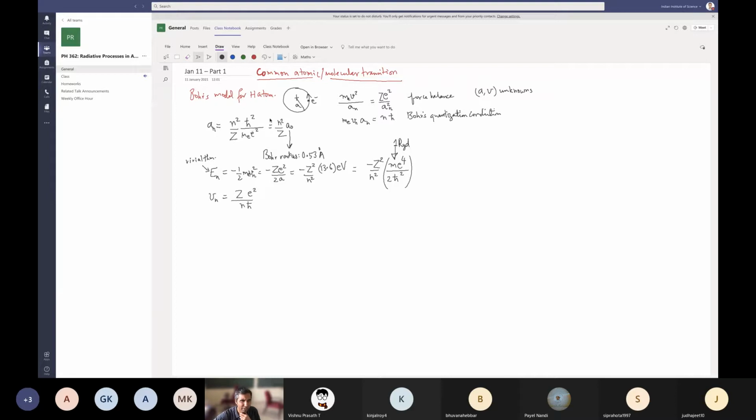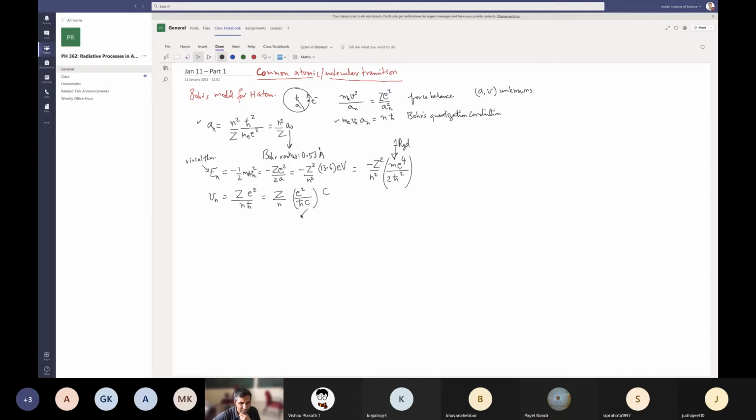So this is correct. If I combine this and this, I get Z by n times e squared by h cross c times c. I've just divided and multiplied by c.